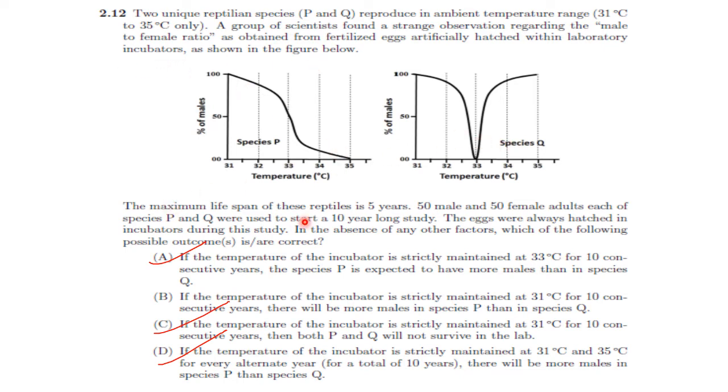The maximum lifespan of these reptiles is 5 years. 50 male and 50 female adults, each of species P and Q, were used to start a 10-year-long study. The eggs were always hatched in incubators during this study. In the absence of any other factors, which of the following possible outcomes is correct?